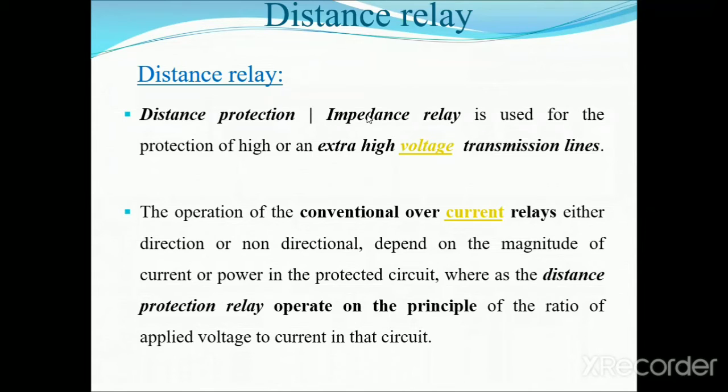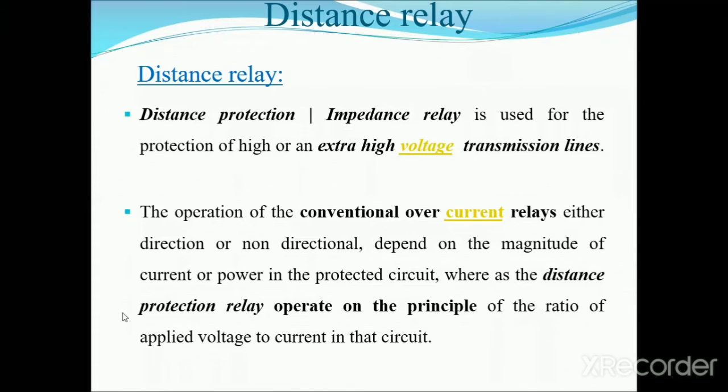Its action depends upon the distance of the relay from the fault. The operation of conventional overcurrent relays, either directional or non-directional, depends upon the magnitudes of current or power in the protection circuits.